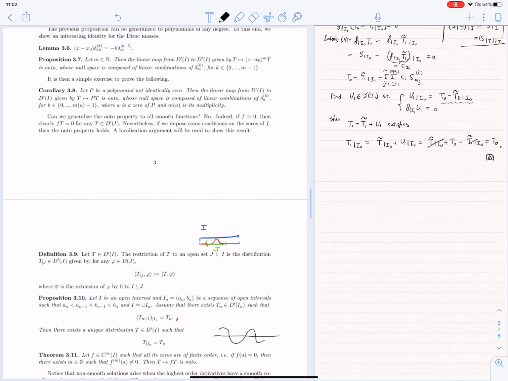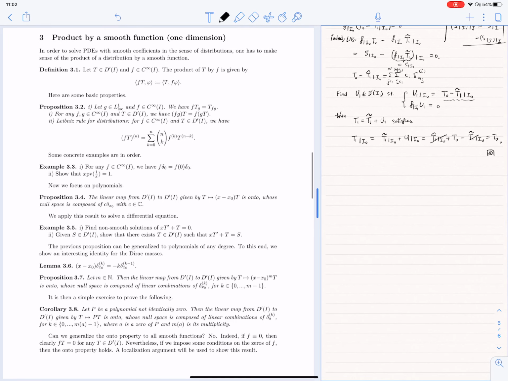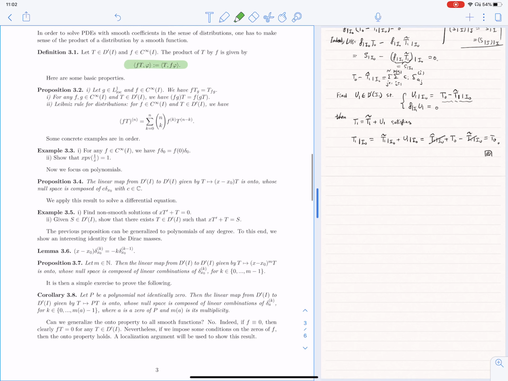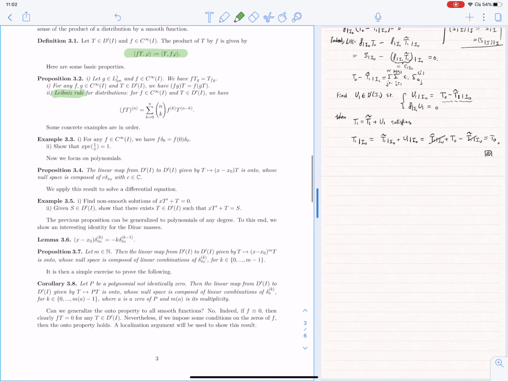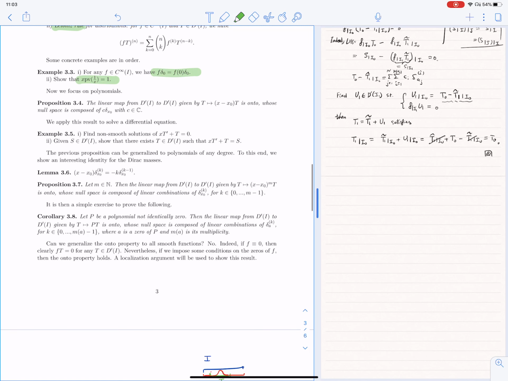All right, so let's wrap up what we did in this lecture. We have covered, first, the definition of multiplication by a smooth function and some basic properties. Examples, Leibniz rules are always important. We have nice examples like this. Also, we have shown such operators, which is a special case of this, which again is a special case of this.